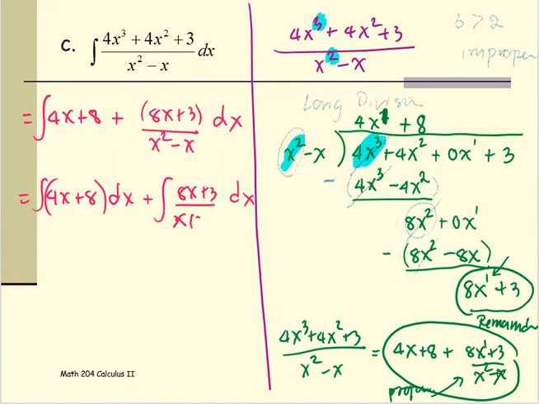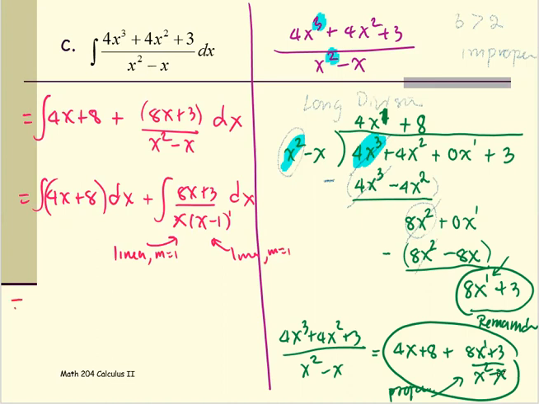So I have x multiplied by x minus 1. In this case, each factor is linear with power 1, and m equals 1. What is m? M is the power of that linear factor. That will tell you how many partial fractions you're going to have to break it into.